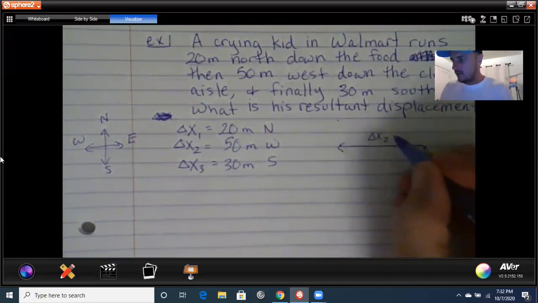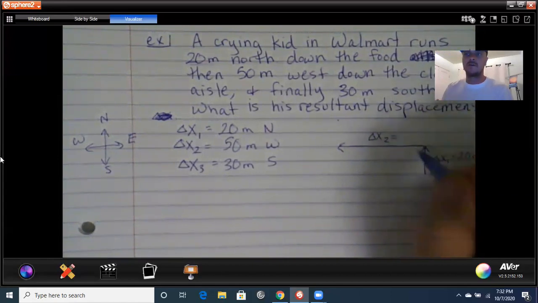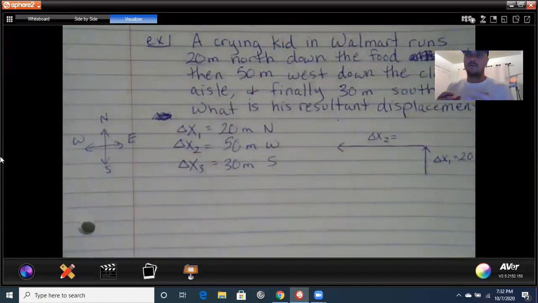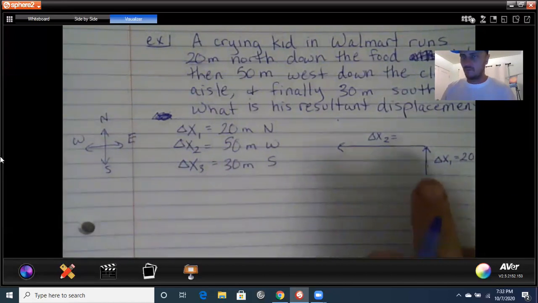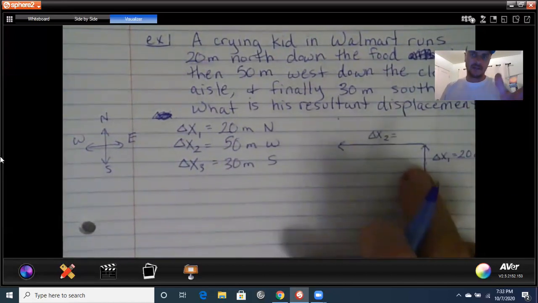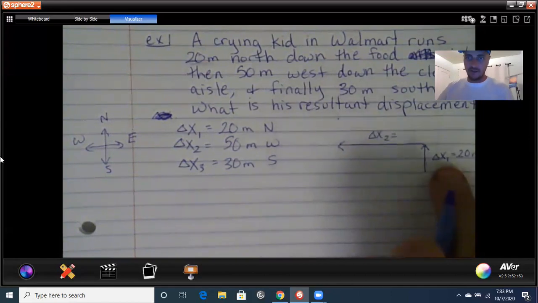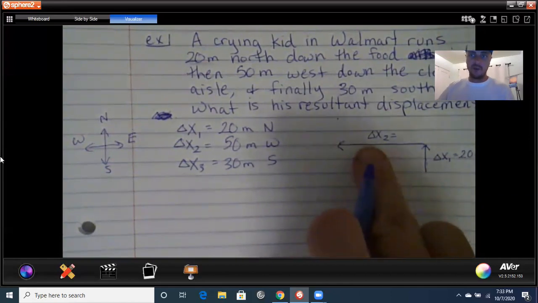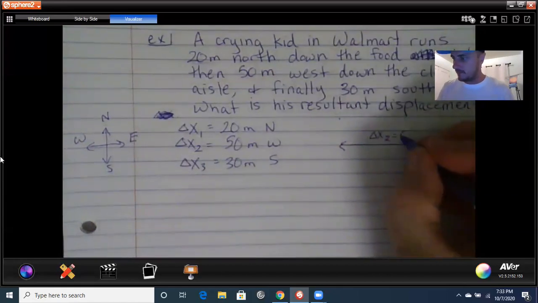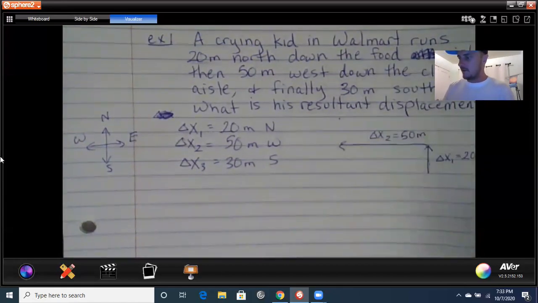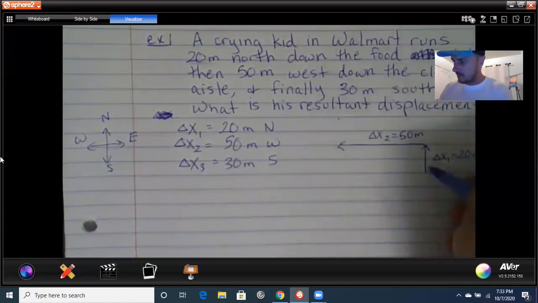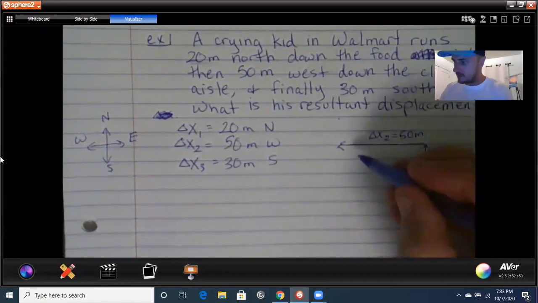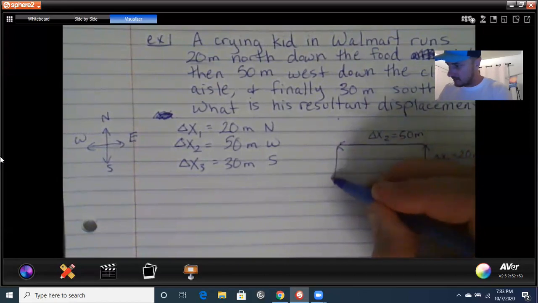I'll say that again. You want to have the vector lengths correct with respect to each other. They have to have the right relative lengths. If you make that 20, then this baby better be bigger if it's 50, right? And then finally 30 meters south, well, that's easy because I made one space 10, right? So I'm going to go 3 spaces down and make that 30.